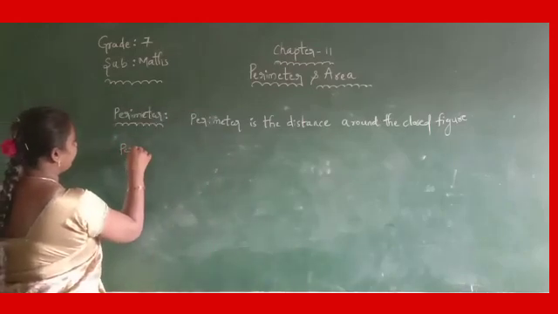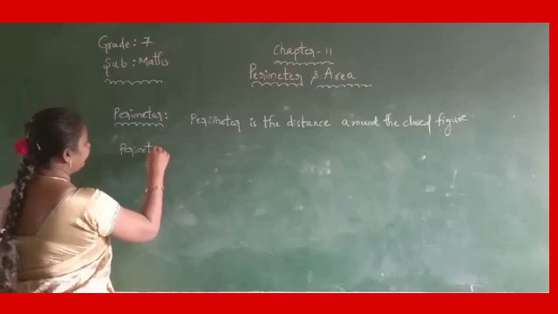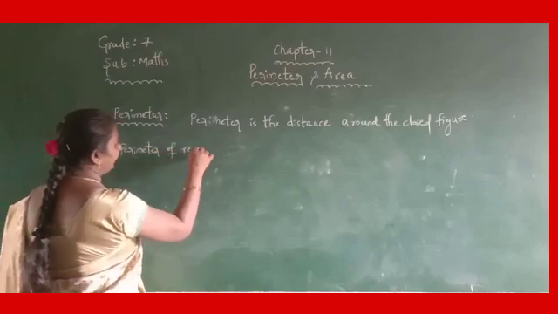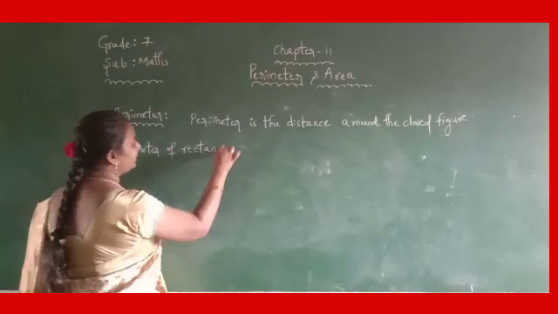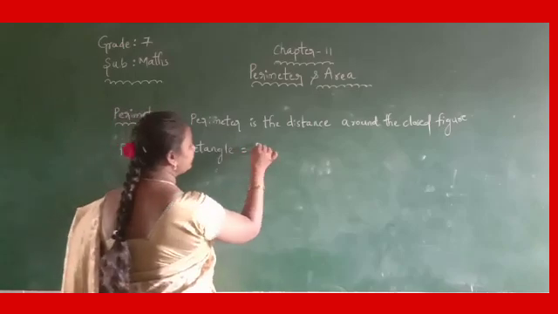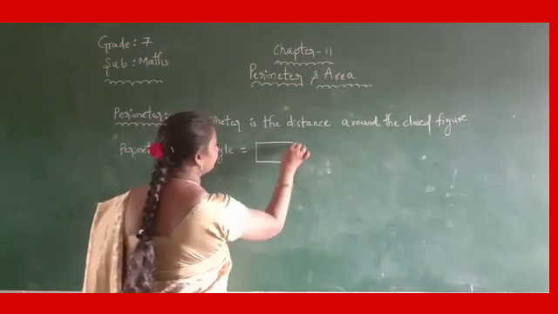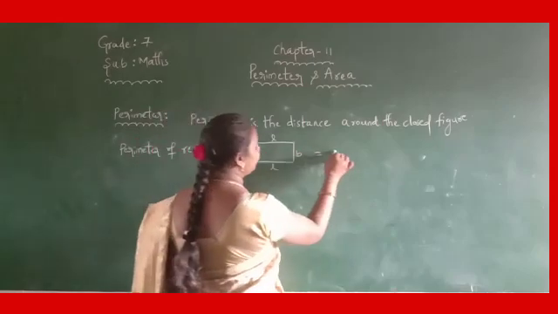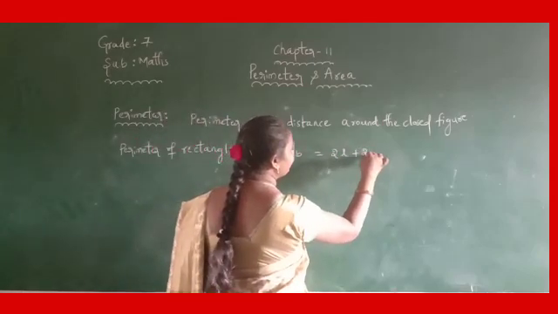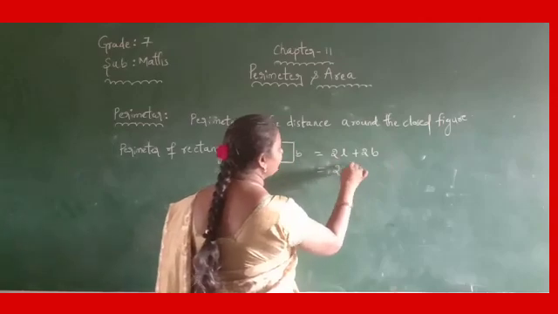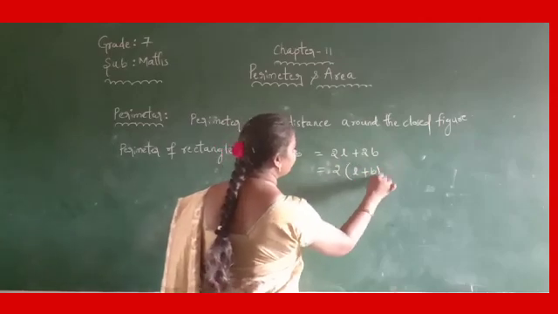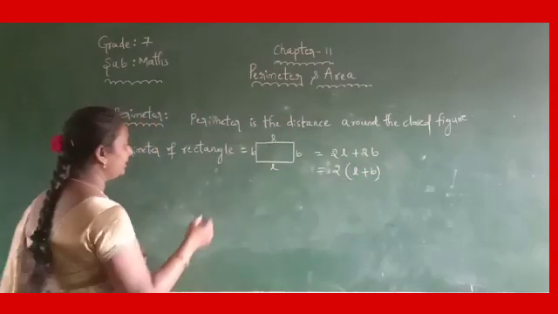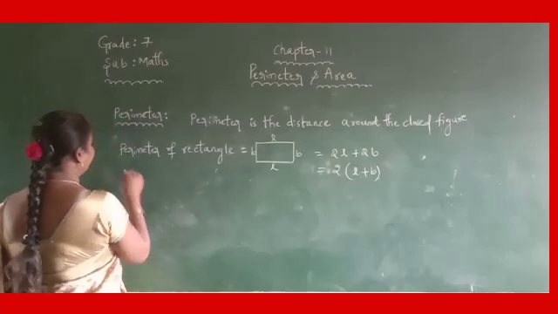Write down perimeter of rectangle. Perimeter of rectangle means it has 2 lengths and 2 breadths, that is 2 lengths plus 2 breadths is equal to 2 into L plus B, 2 into length plus breadth.